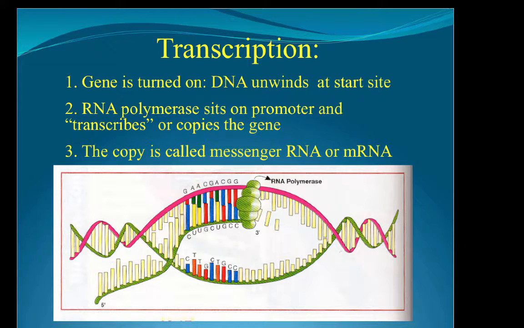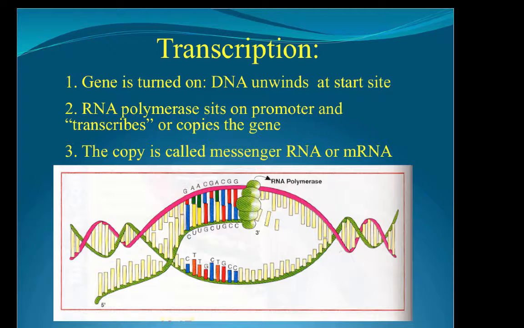All right, so transcription is the process of taking DNA and turning it into messenger RNA. So the first step is the gene is going to be turned on, DNA is going to unwind here at the start site, and then the RNA polymerase is going to come in and sit on the promoter region and transcribe, or copy, the gene.